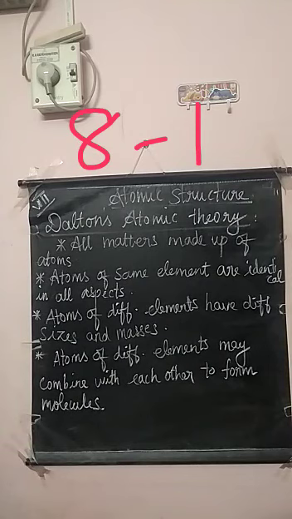Then the limitations. Dalton's theory failed to explain atoms of the same element having different masses, for example isotopes. Hydrogen has protium, deuterium and tritium, that is 1H1, 1H2, 1H3, which are isotopes.